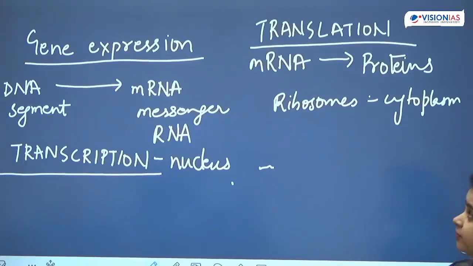Transcription of DNA segment to messenger RNA takes place in the cell nucleus.